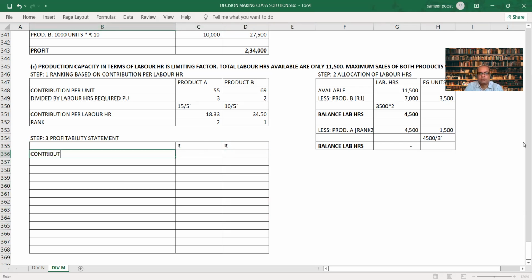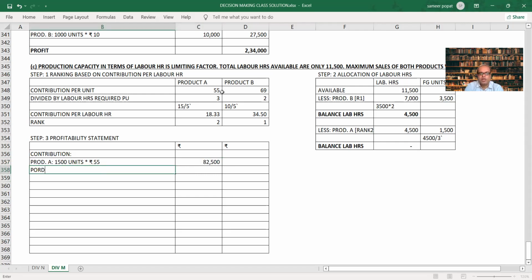We'll start with contribution. Product A. See, for product A, we are going to manufacture only 1,500 units. So 1,500 units into its contribution per unit of 55, so 1,500 into 55.